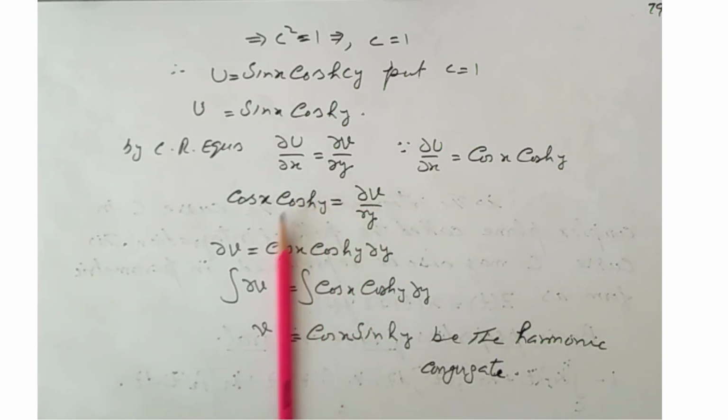So we can write it also in this form: partial v equal to cos x cos hyperbolic y into partial y. Again integrating both sides, this becomes v. And integrating with respect to y, cos x is treated as constant, and the integral of cos hyperbolic y is sin hyperbolic y. This is the harmonic conjugate, because v is the harmonic conjugate of this u.